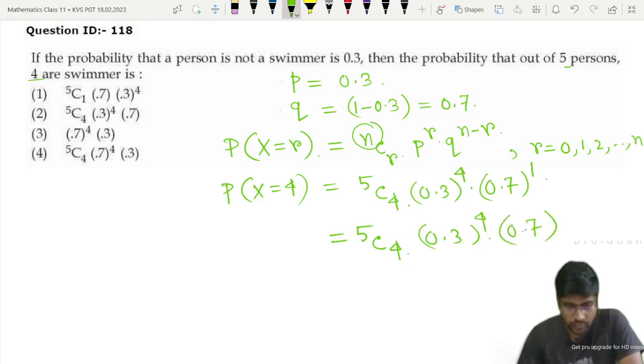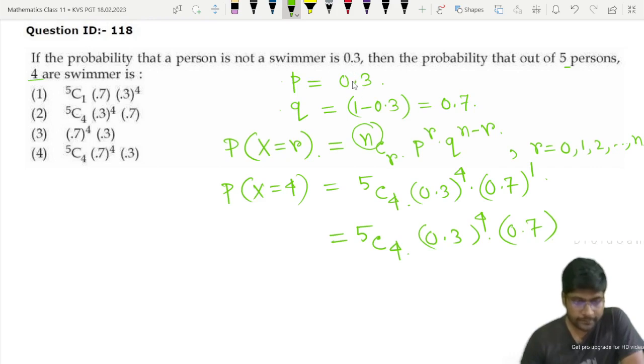Now again let me check once what the question is asking exactly. If the probability that a person is not a swimmer is 0.3, okay, not a swimmer. Here I have made some mistake. Not a swimmer is 0.3, so what is the probability of being a swimmer?